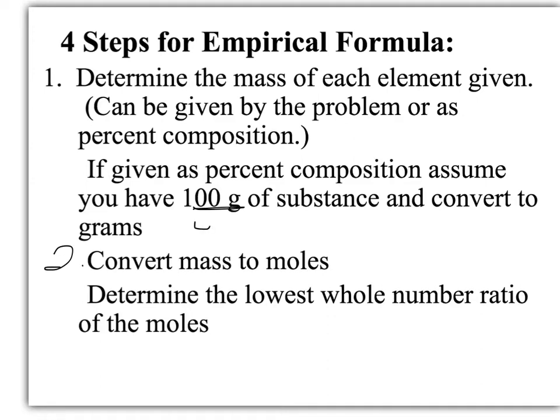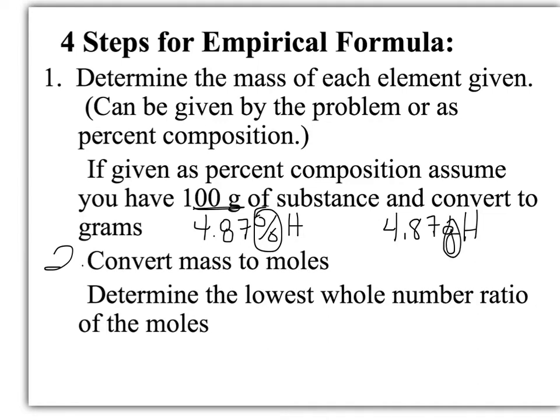So I'm going to give you an example. If you have 4.87% hydrogen and we had 100 grams of substance, then that would give us 4.87 grams of hydrogen. So basically, we're just changing this percent sign to grams.